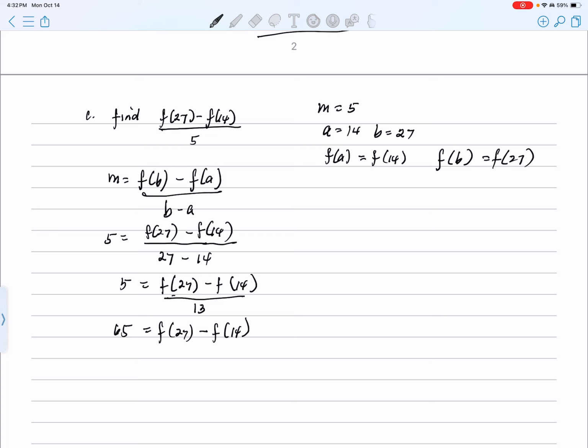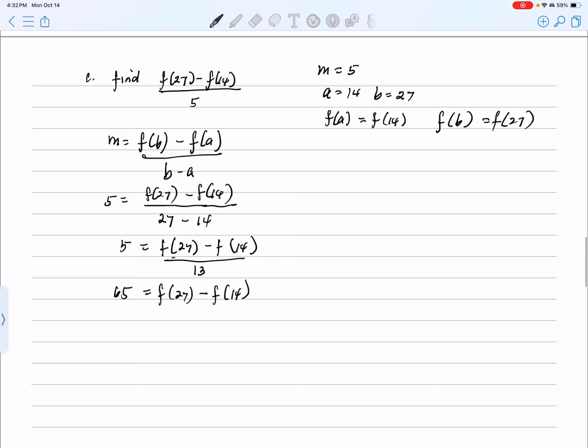But this doesn't answer the question. Find f of 27 minus f of 14 over 5. So what would that be?